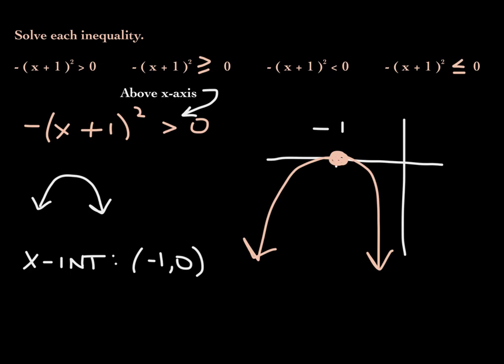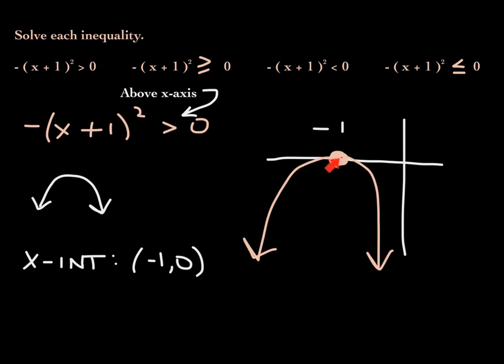All right, so let's think about it. When is this parabola above the x-axis? Wait a minute. This parabola is never above the x-axis. It's always below, actually. It's never up here. So I'm going to say no solution. There is no solution. And by the way, I am not allowed to include -1.